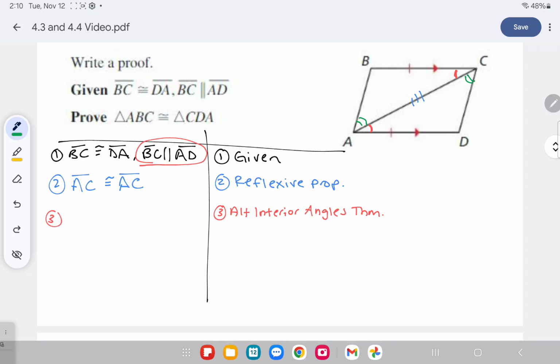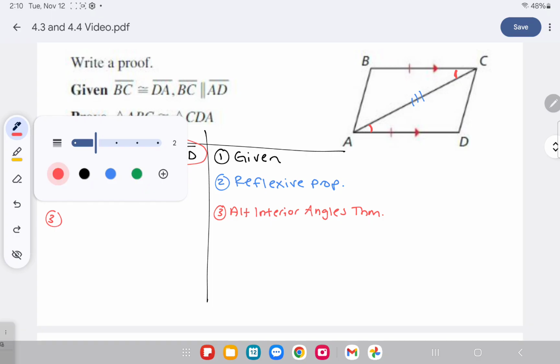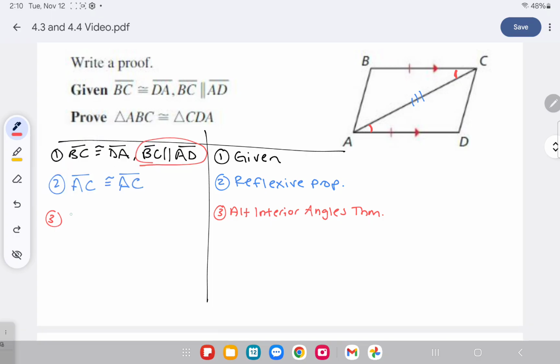I can write both of those pairs of congruent angles in my proof and give the reason as the alternate interior angles theorem, but the only one I really need are the angles that are included between our two sides, which are the ones I marked in red. Those are the included angles because it's where the two pairs of congruent sides meet.